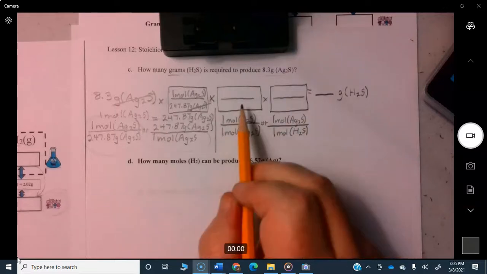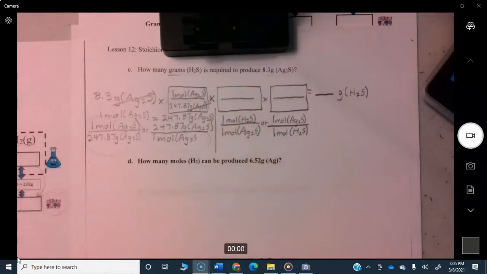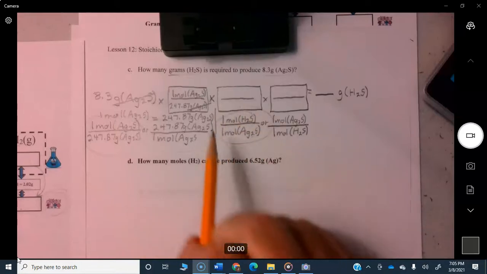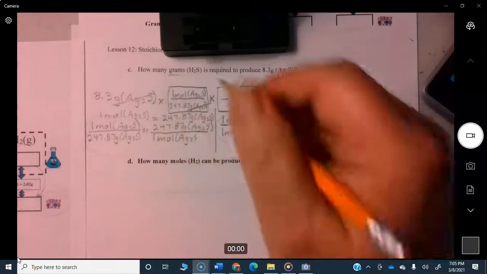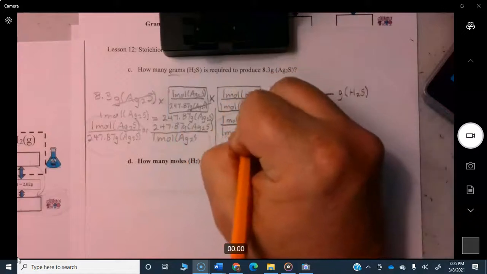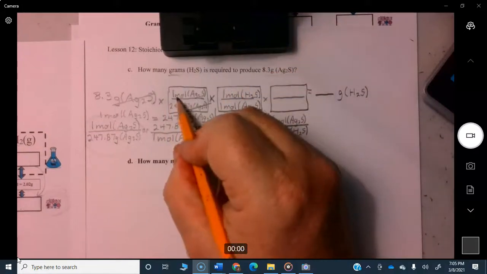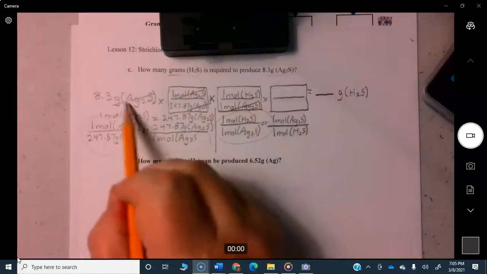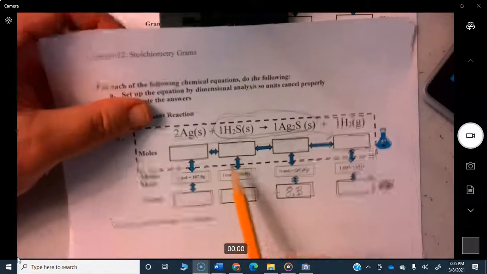So which one goes in the second box here? Okay, the answer is this one. It's got moles of Ag2S on the bottom to cancel with this. Okay, so moles of Ag2S cancels with moles of Ag2S. And now if we were to run this calculation here, we would be in this box right here.